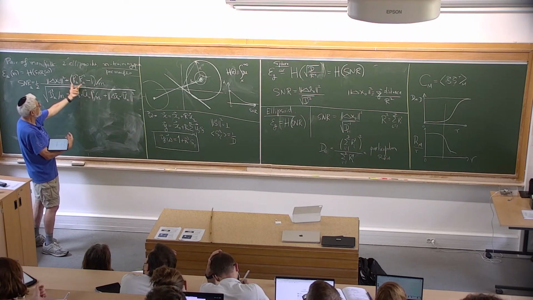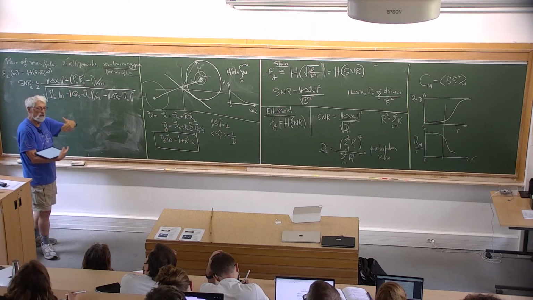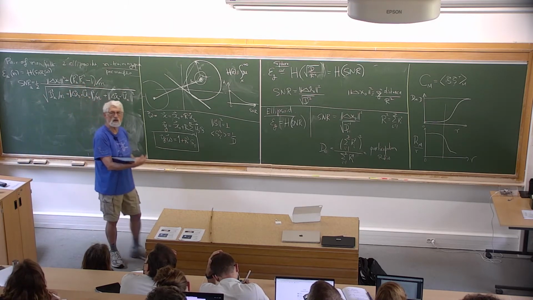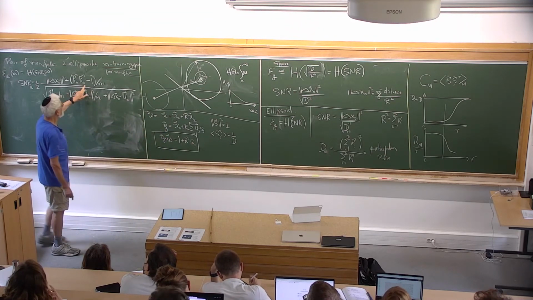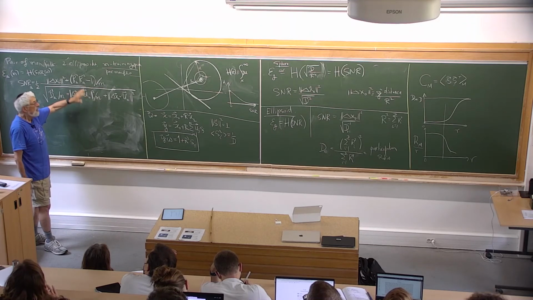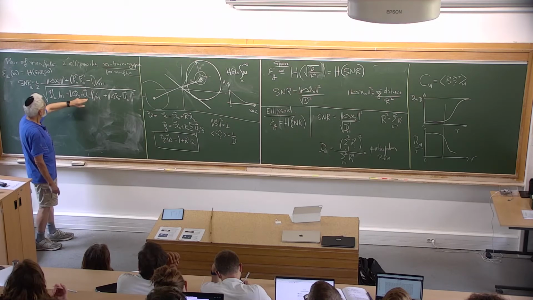If the radius is different, then this can be either positive or negative. So you can even make worse than chance error if there is a big discrepancy between the radii of the two manifolds.